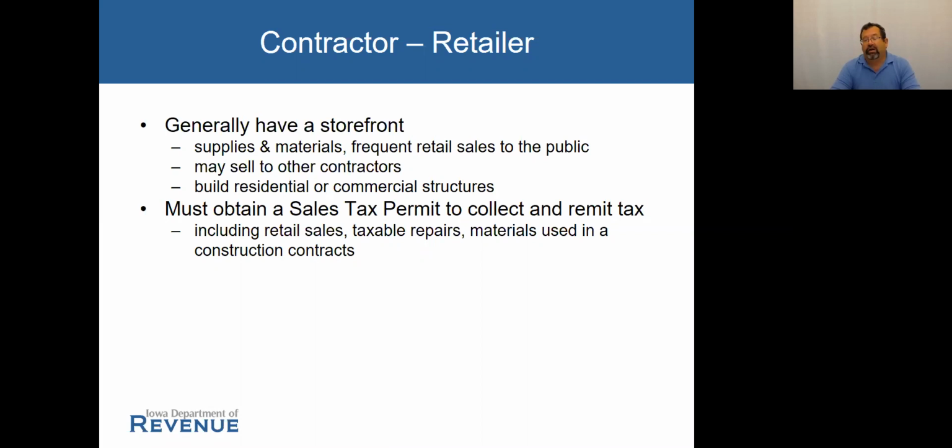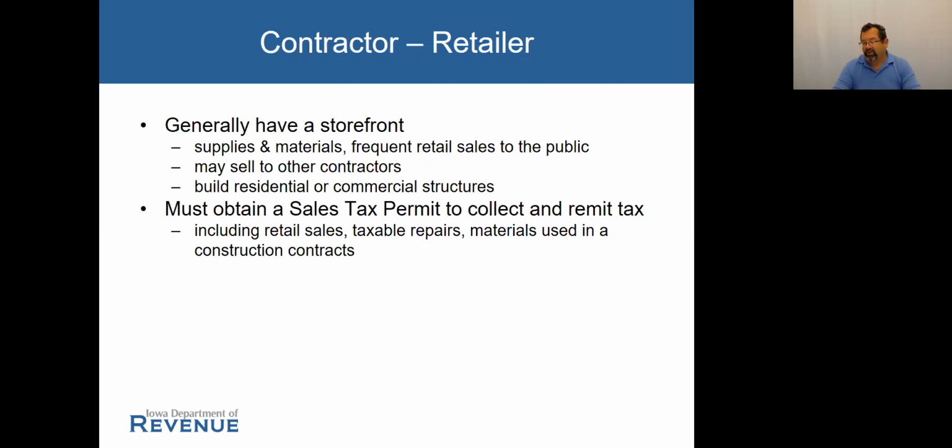A contractor retailer must obtain a sales tax permit to collect and remit tax on any of the retail sales. These would be sales from the storefront, any taxable repairs that they would make, or any materials used in construction contracts. Let me clarify, those would be materials that are used in construction contracts by these other customers.